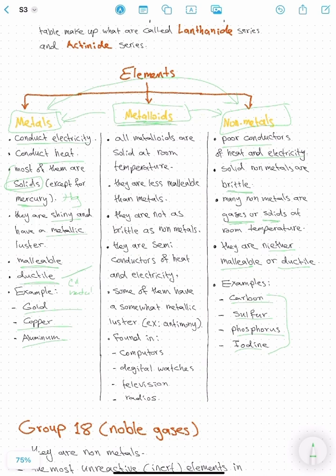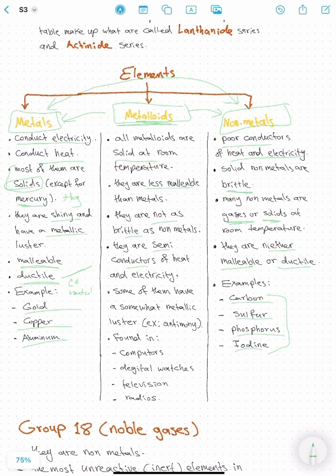Let's go to metalloids, as we said, in between metals and nonmetals. Number one, metalloids, all of them are solid at room temperature. They are malleable just like metals, but less malleable than metals. They are brittle just like nonmetals, but not as brittle as nonmetals. And they are semiconductors of heat and electricity, meaning between metals and nonmetals.